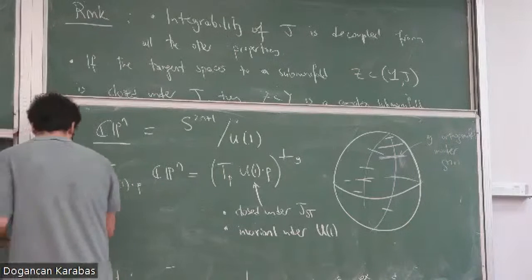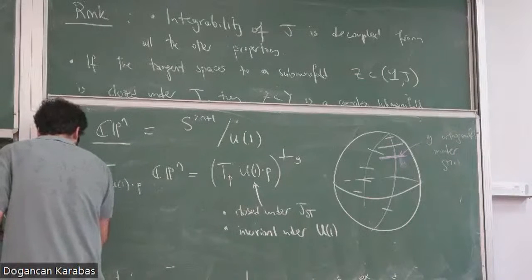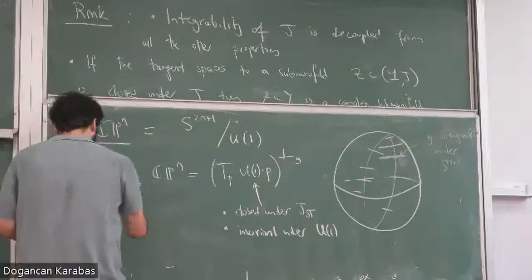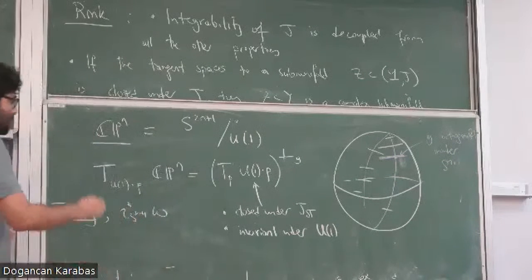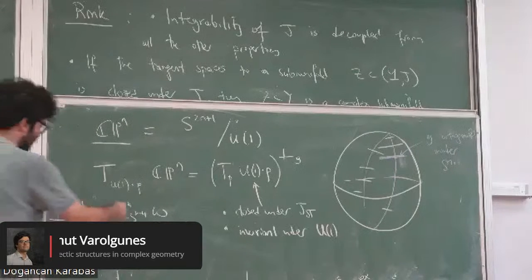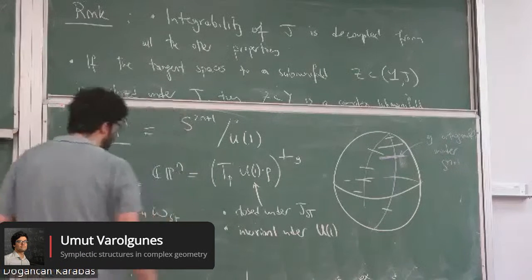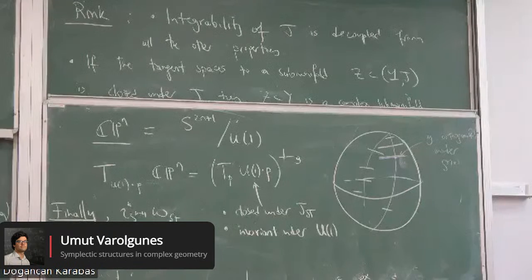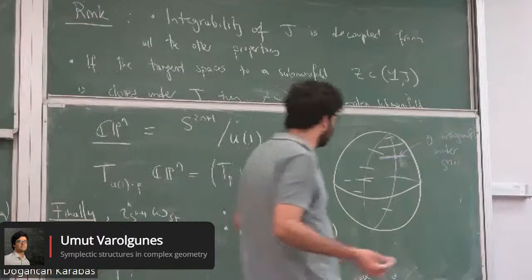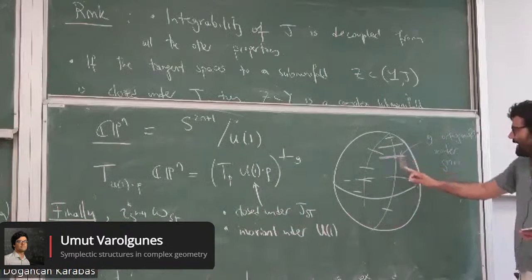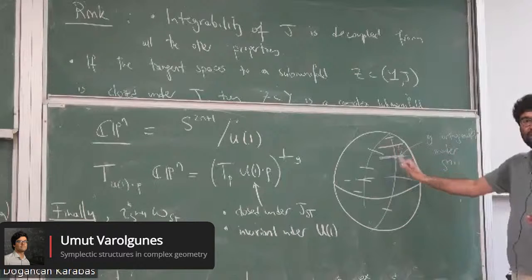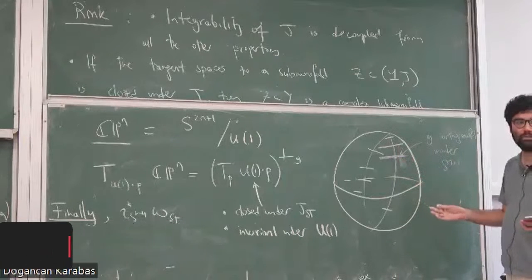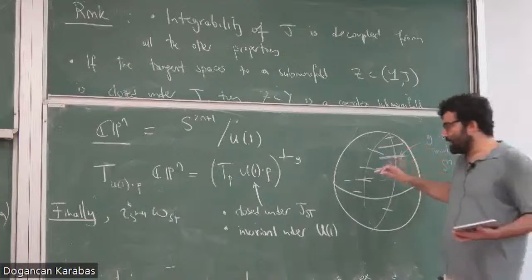So finally, you just restrict the standard symplectic structure here. It's not a symplectic structure anymore, because it's degenerate. In fact, if you pair any tangent vector with a vector that's tangent to this orbit, it will give you 0. So that's the kernel of the symplectic form.